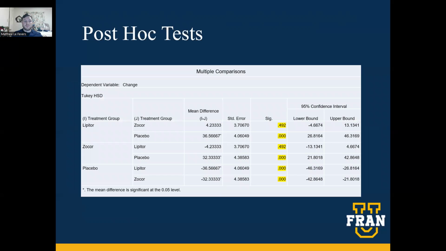Post hoc tests, multiple comparisons. The dependent variable was change. We did a Tukey HSD. As you can see here for Lipitor, Zocor, and placebo, you'll find our significance numbers and our mean differences. Our significance values varied from 0.492 to 0.00, with a 95% confidence interval for lower bound and upper bound.